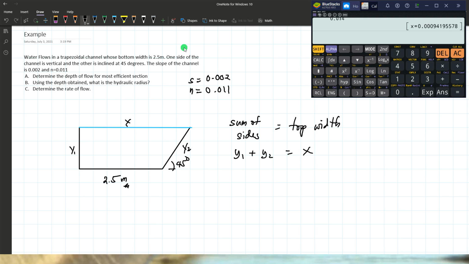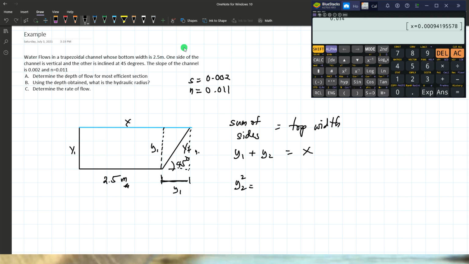If this height here is y sub 1, and we have a 45-degree angle, then this distance here is the same as y sub 1, because at 45 degrees the two sides except the hypotenuse of this triangle are the same. So y sub 2 is just the hypotenuse of the sides of y sub 1.